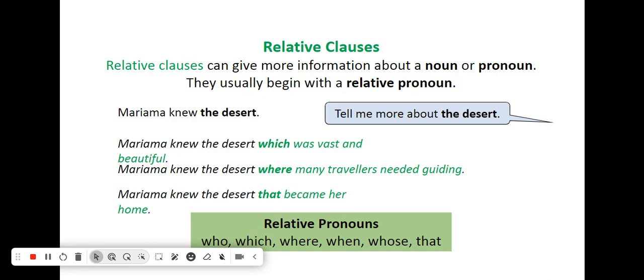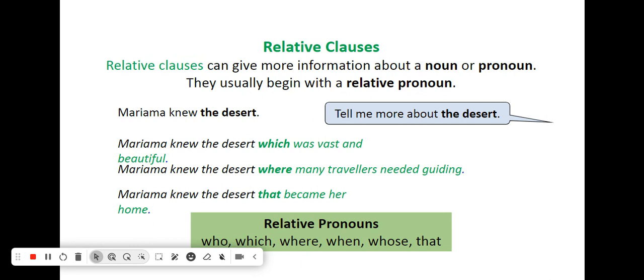In place of the desert, we place which was vast and beautiful, where many travelers needed guiding, and that became her home. Let's notice here that sometimes we put which, the second time we put where, and the third time that.